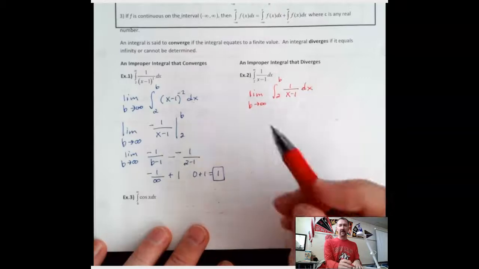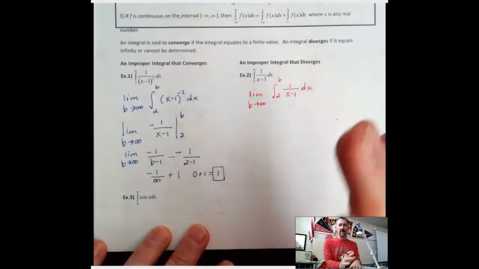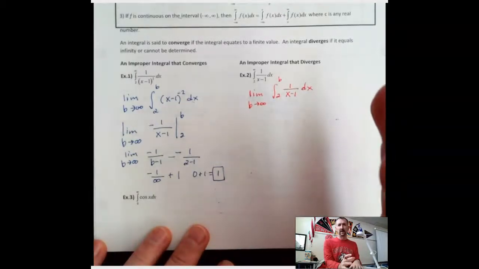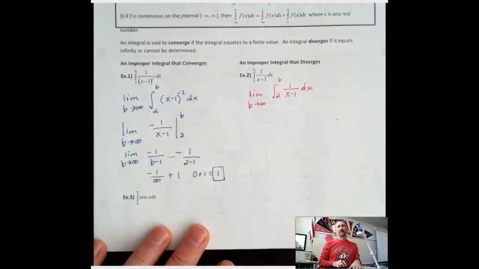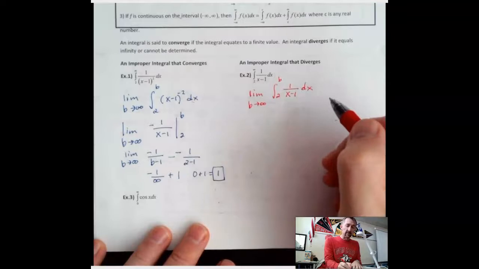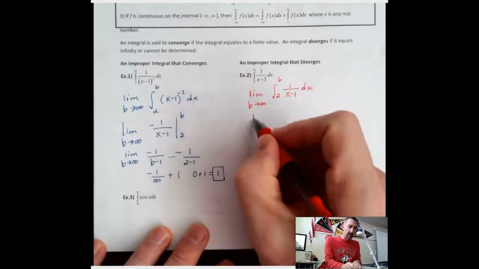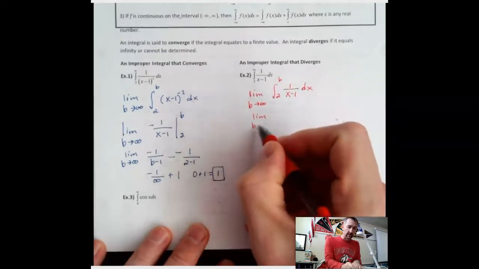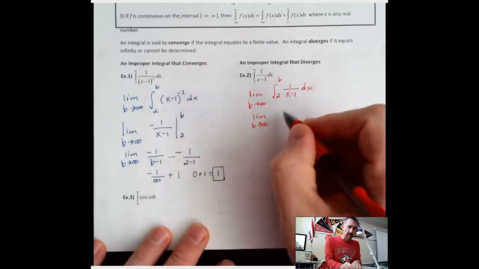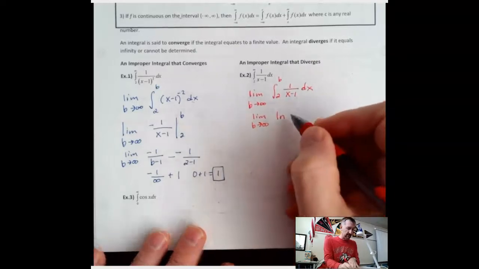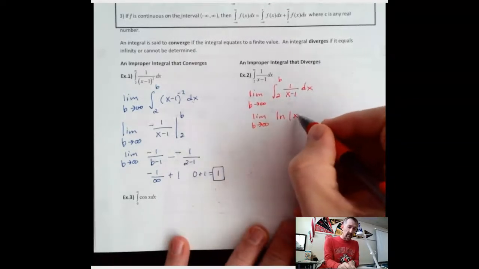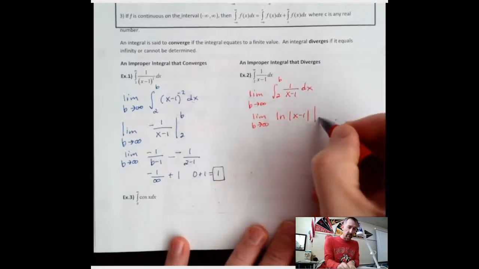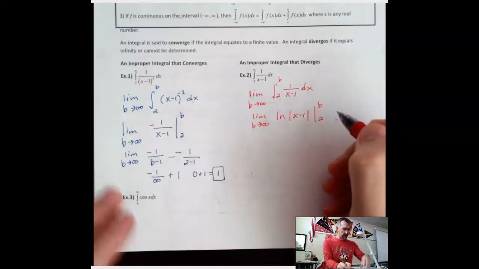We never integrate x to the negative 1 power using the power rule. We need to know that the integral of 1 over u is the natural log. So we need to be careful there. Let's go ahead and integrate that. Like we just said, that's going to be the natural log of x minus 1 from 2 to b.